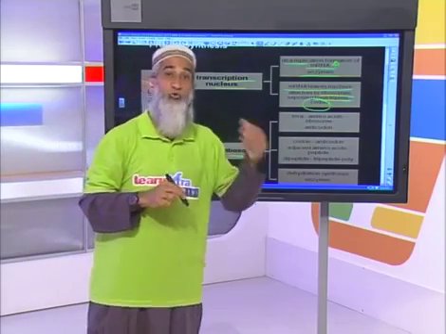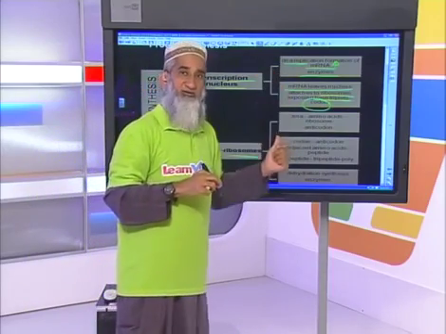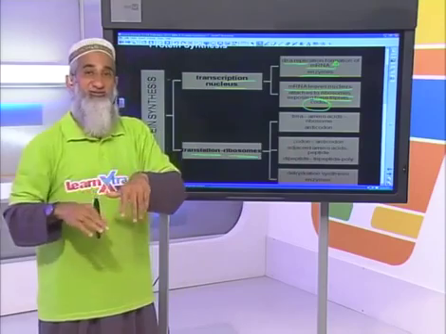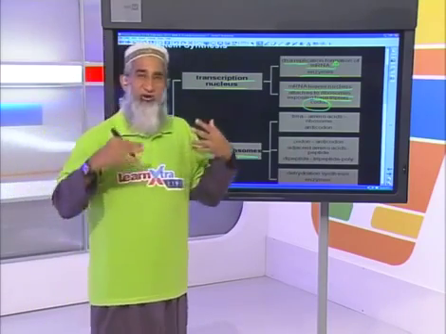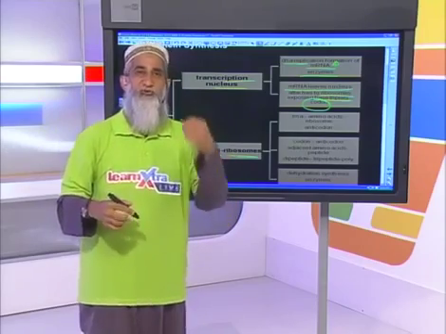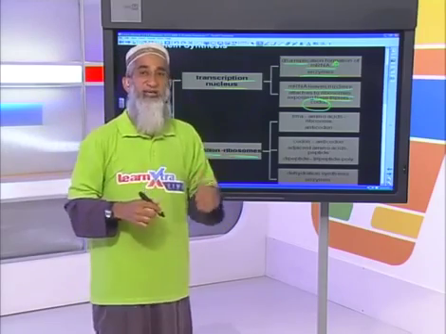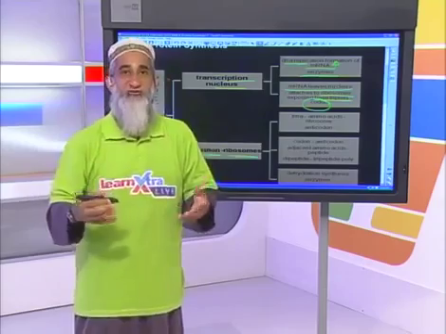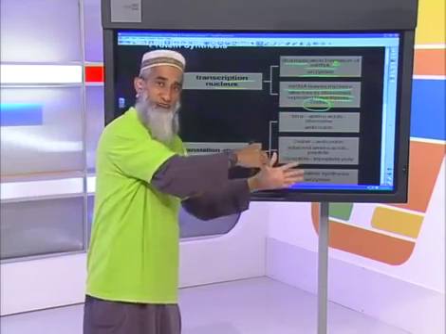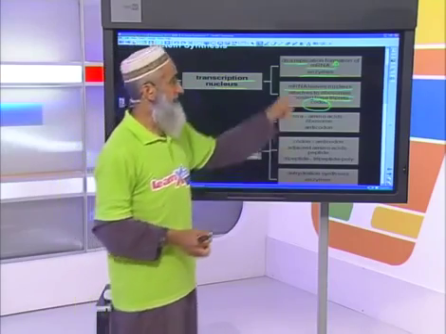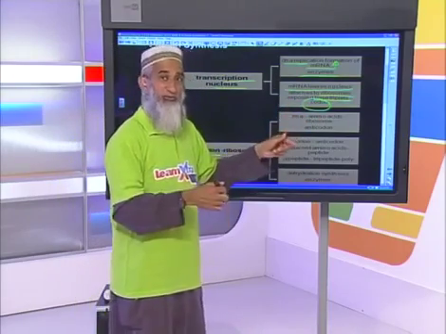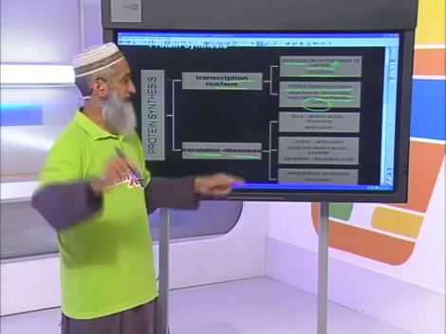Messenger RNA has stolen the code from DNA, and now it reveals that code in the cytoplasm. Why is this necessary? It's necessary because nuclear DNA does not leave the nucleus, so it cannot get the code to the cytoplasm. The only way this happens is when messenger RNA steals the copy of the code and goes out.